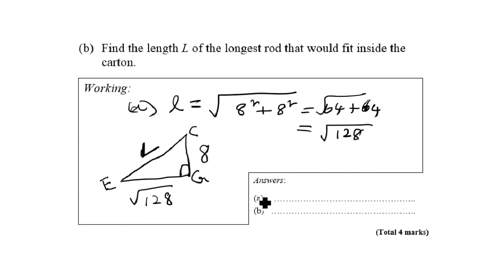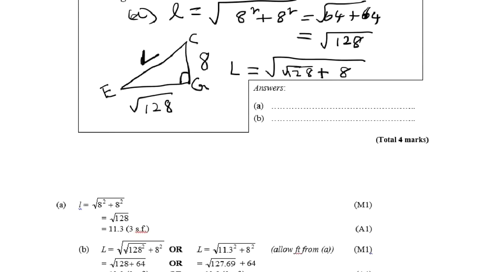So you're going to find this capital L equal to square root of 128 plus 8. So the answer for the first one is 11.3, 3 significant figures.